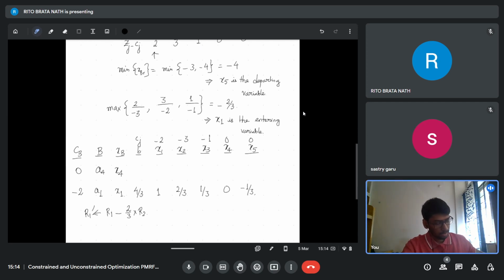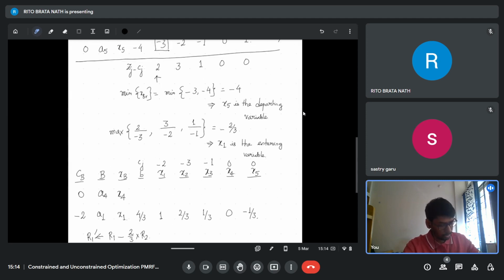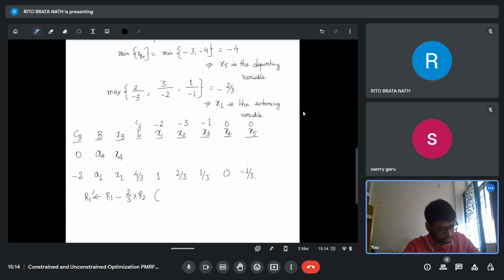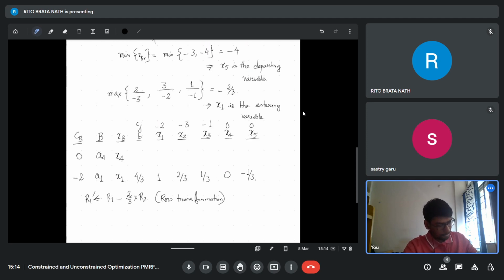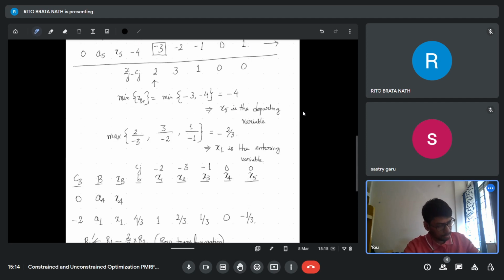Okay, so this is the first problem, and this will be your row transformation, right? So this one you'll be performing to get the corresponding row. Okay, so what happens is that you are making it 0.